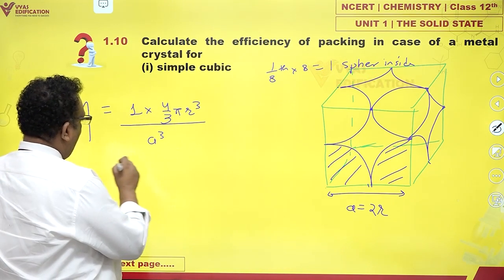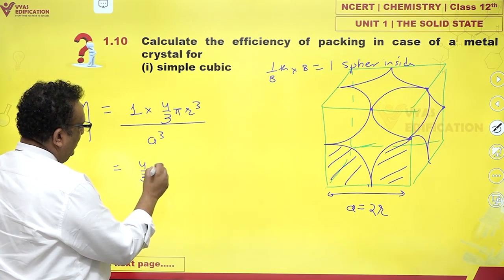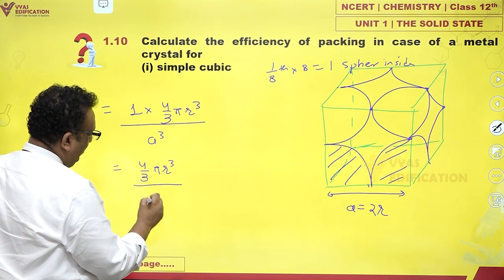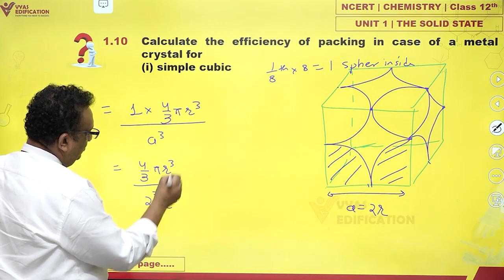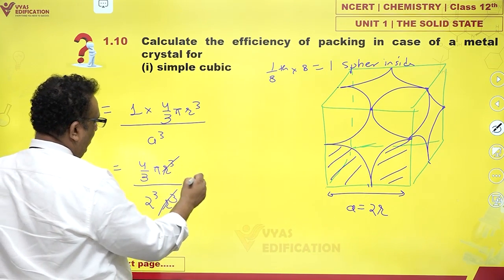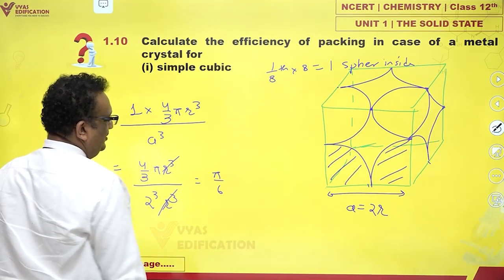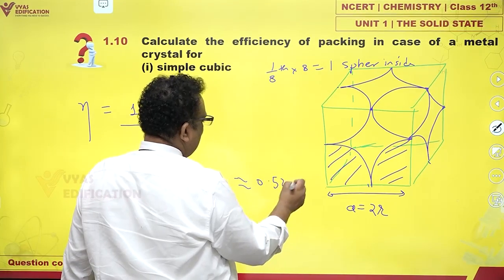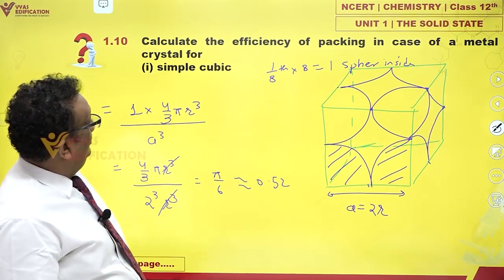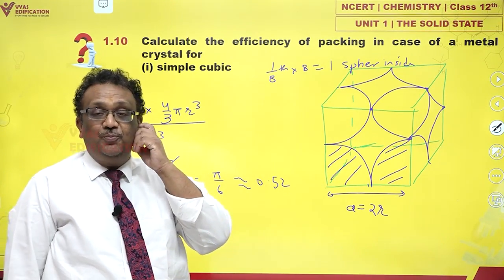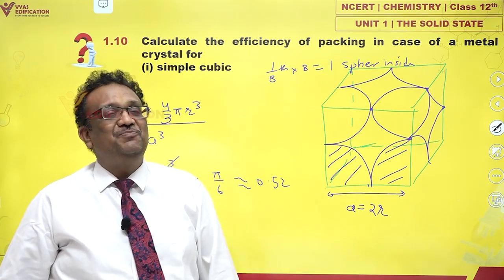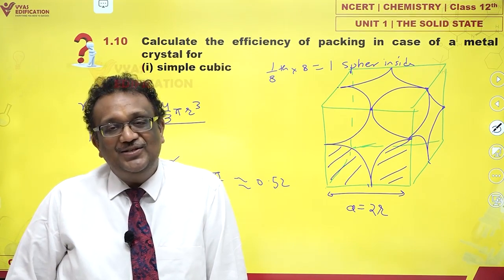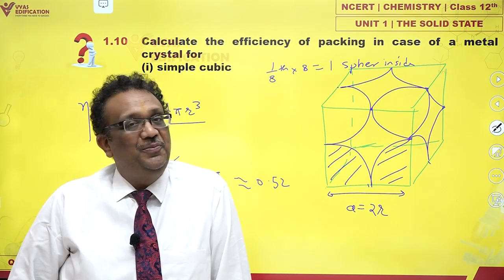So instead of a³, I could say this is 4/3 πr³ divided by 2³r³. Oh my God, this is π/6, which is 0.52 something. So 52%, only 52% is packing efficiency in the case of a simple cubic structure.